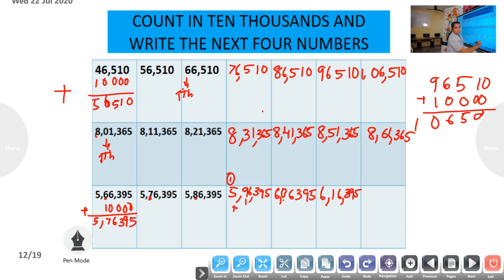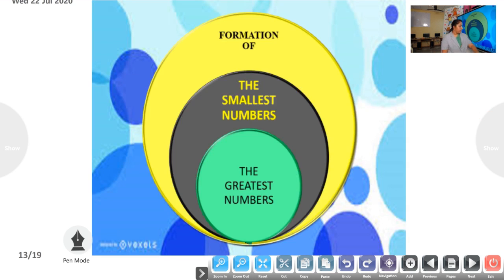Again, you have to change the digit in the 10,000 place. So 1 changes to 2. Is it clear? So, how do you count by hundreds and 10,000s?